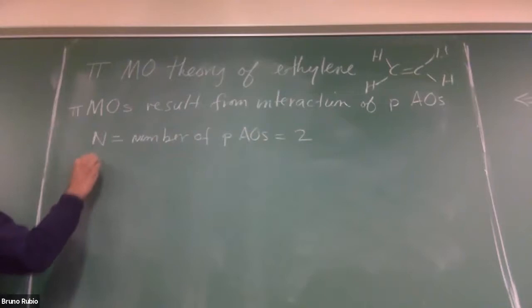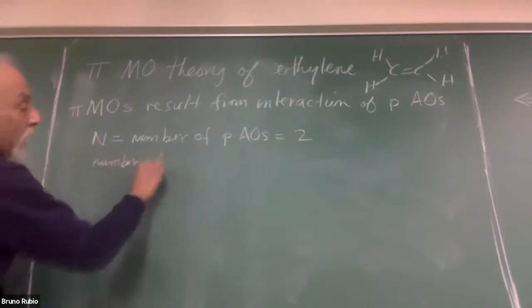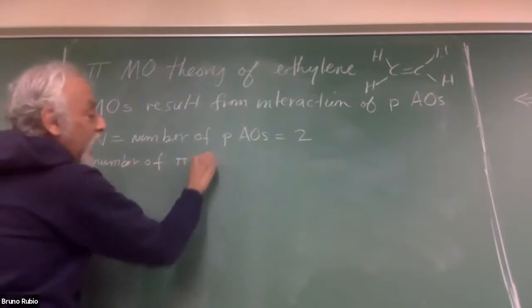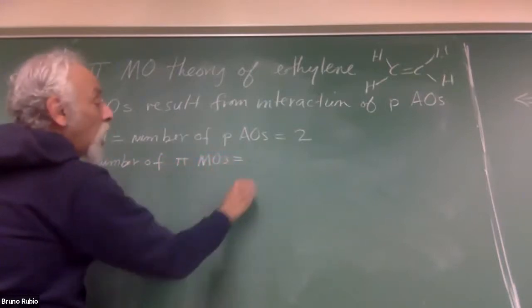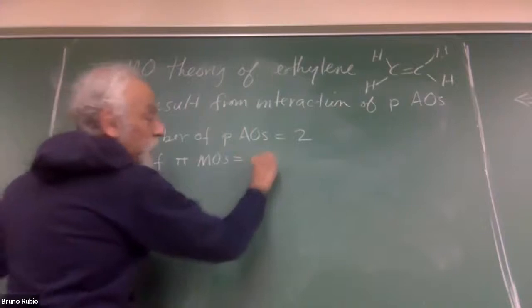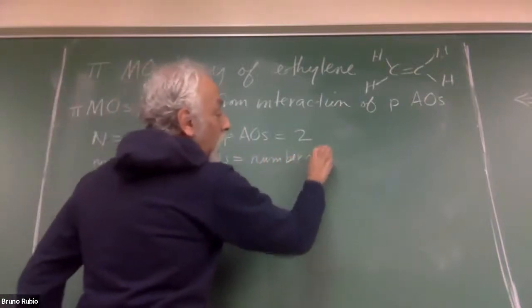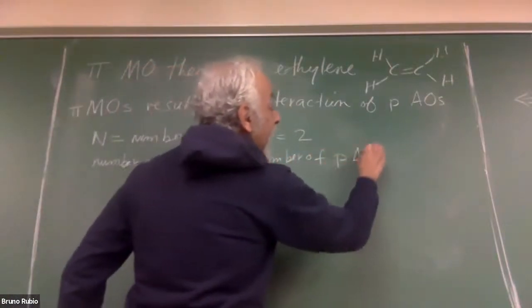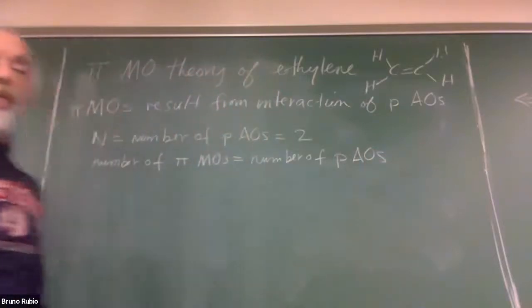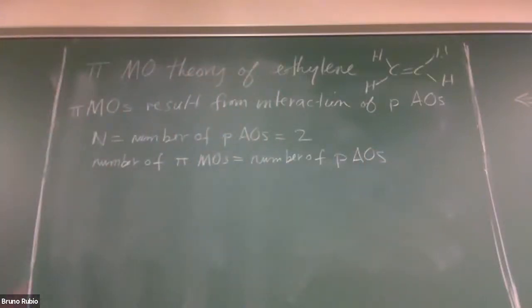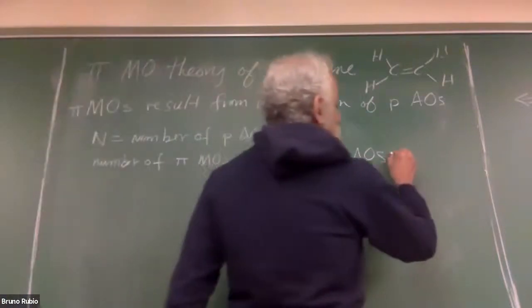And the number of pi MOs is always equal to the number of p AOs. So for ethylene, since two p orbitals are interacting, we're going to get two pi MOs.